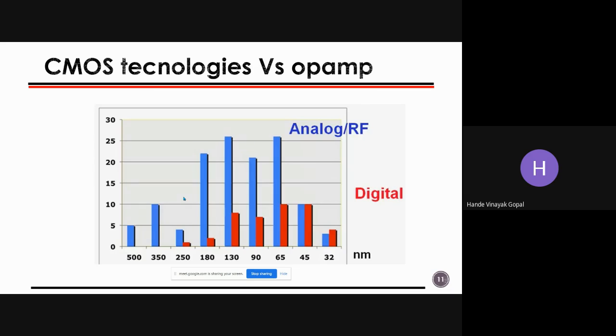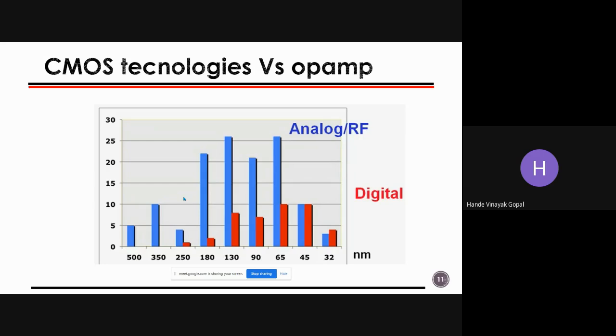And as the technology reduces, you can see that it is really a challenging task to design a high gain operational amplifier, right? In 32 nanometer, the intrinsic gain of a MOSFET lies somewhere between 3 to 4, which is really very bad.